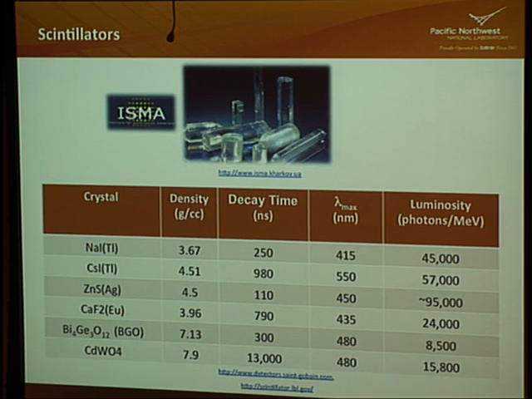Some of the common ones used in medical imaging and other detector technologies are sodium iodide and cesium iodide, and you can see here there's a range in the number of photons per MeV that are detected. One of the first scintillators that was discovered was zinc sulfide, shown here. It's one of the brightest, and I'll talk more about this later, but it has close to around 100,000 photons per MeV.